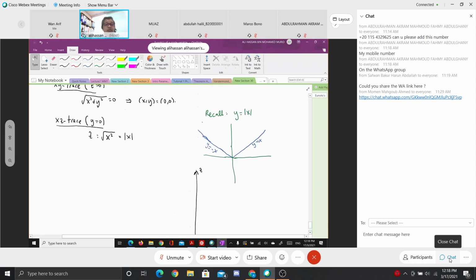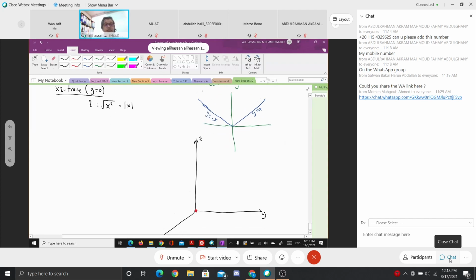And the xz trace: when y is 0, the curve of intersection is z equal to absolute value of x.